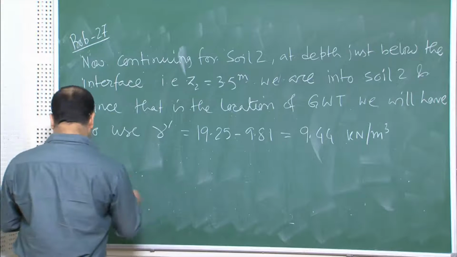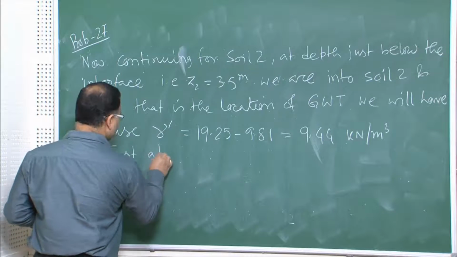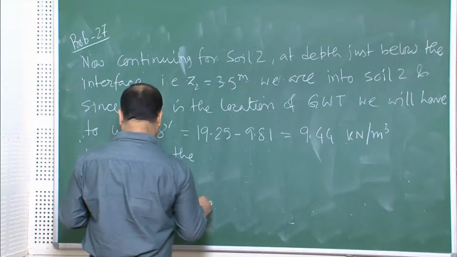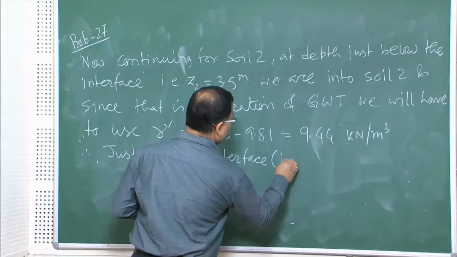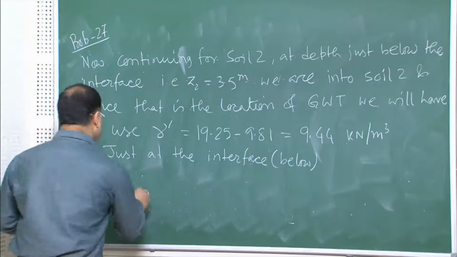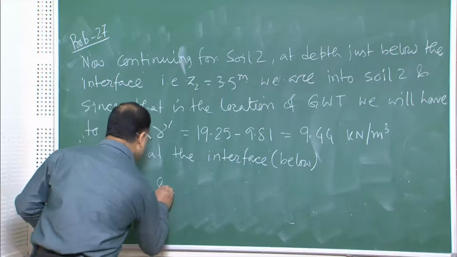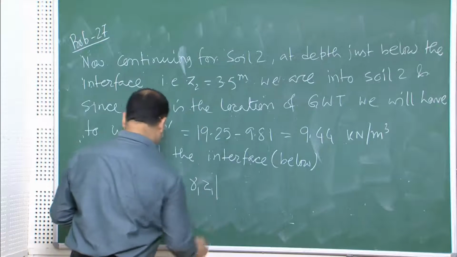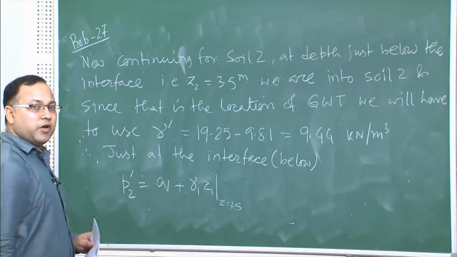Therefore, soil 2 should be considered as submerged condition. So, just below the interface, your P2 prime will be equal to Q plus gamma 1 Z1 up to Z, where Z equal to 3.5.